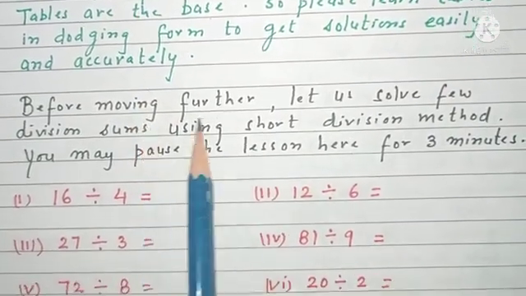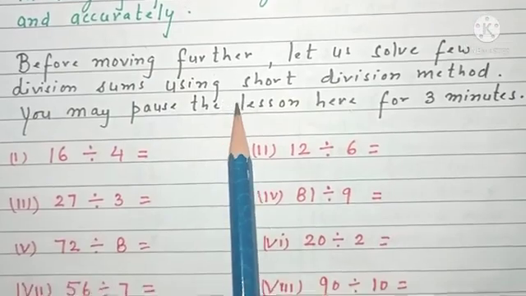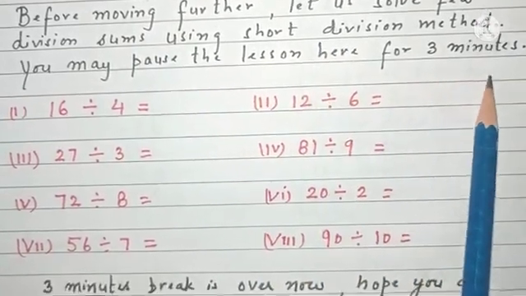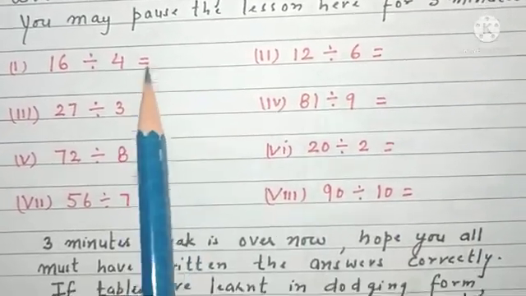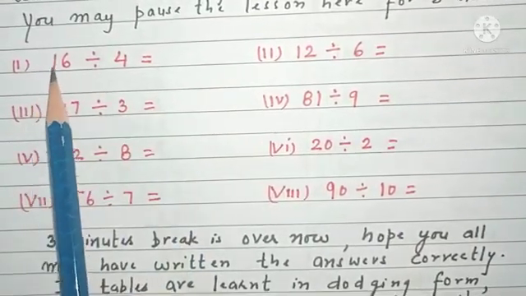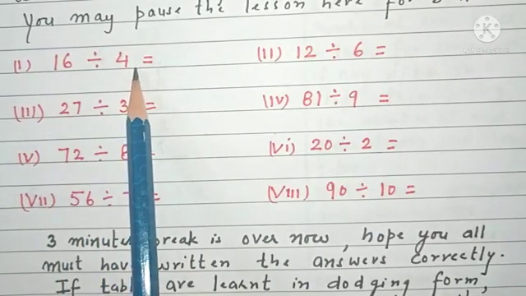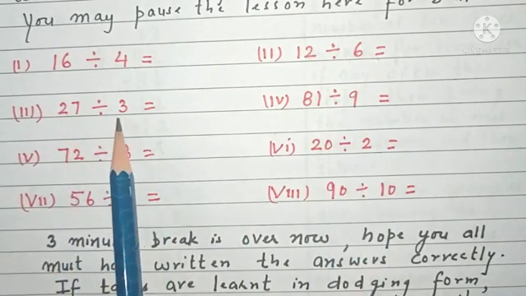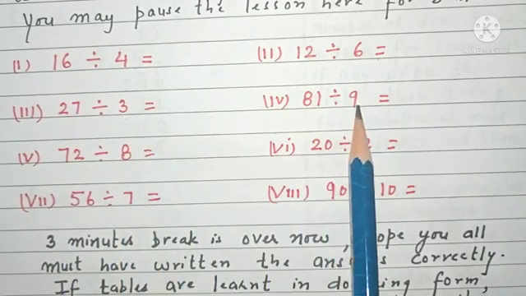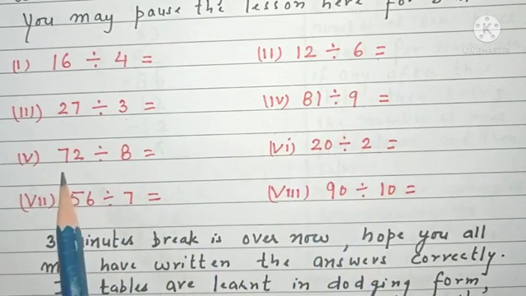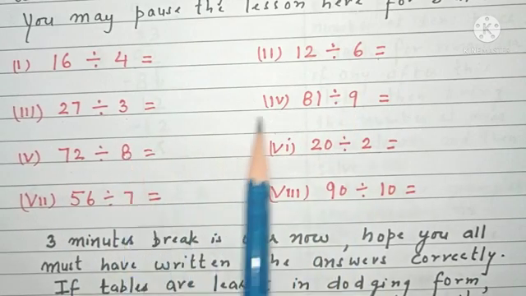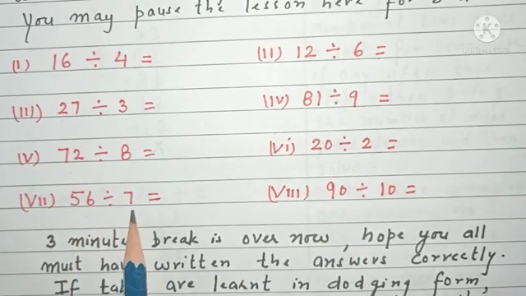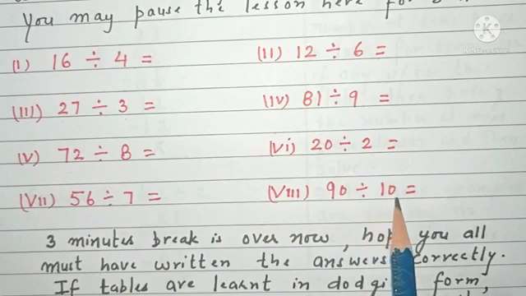Before moving further, let us solve a few division sums using the short division method. You may pause the lesson here for 3 minutes, and now you need to solve them. I'll just be repeating them out. The first is 16 divided by 4, 12 divided by 6, 27 divided by 3, 81 divided by 9, 72 divided by 8, 20 divided by 2, 56 divided by 7, and 90 divided by 10.